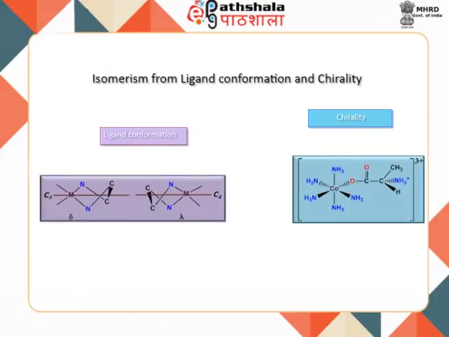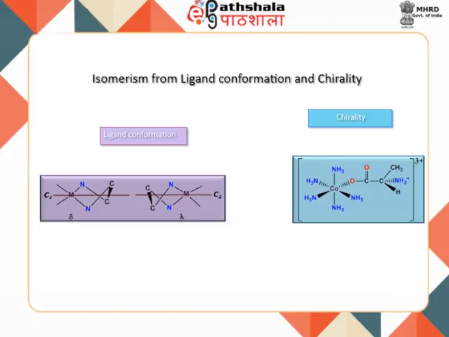Now let us come to the next topic, isomerism from ligand conformation and chirality. A coordination complex can be made disymmetric by attaching a multidentate ligand so that the chelate rings thereby formed can exist in more than one conformation. For example, ethylenediamine bound to a metal ion creates a 5-membered puckered ring with a 2-fold axis of symmetry as shown. 2 conformations are clearly possible for the ring.